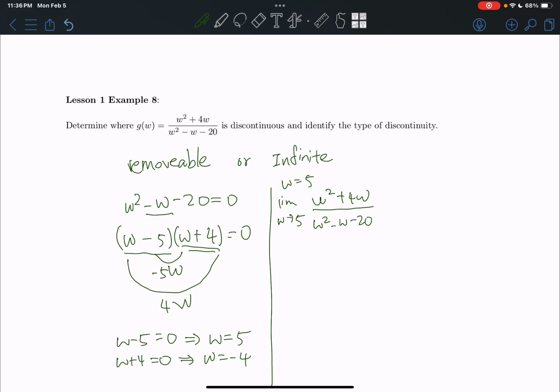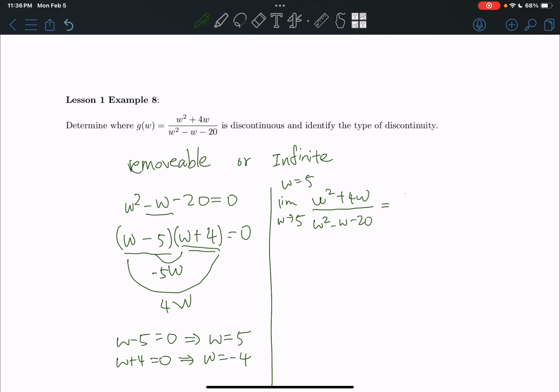If you plug this in and you get 0 over 0, then we're dealing with a removable discontinuity. If you plug this in and we get a non-zero number over 0, then you have an infinite discontinuity, again a vertical asymptote. So let's go ahead and plug that in.